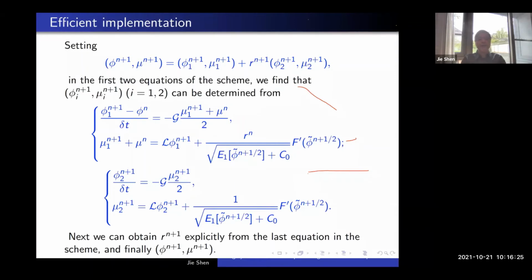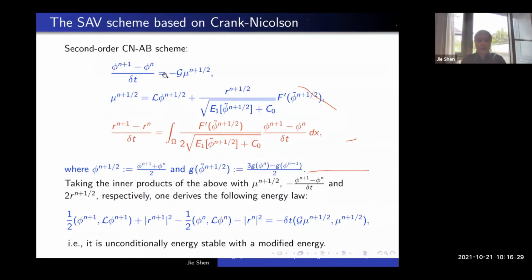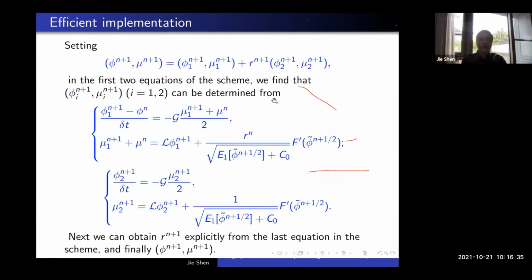And so how do we actually solve this coupled system? You see, this is a coupled linear system. How do we actually solve it? You can solve it very easily by writing phi and mu as a linear combination of R n plus 1: phi equals phi 1 plus R n plus 1 times phi 2.